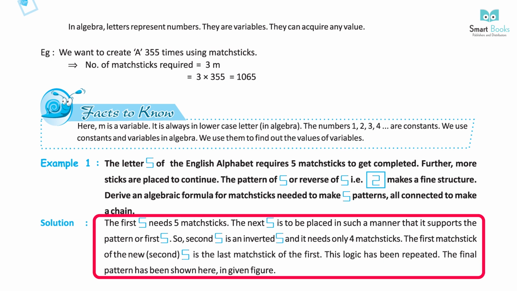The first S needs 5 matchsticks. The next S is to be placed in such a manner that it supports the first pattern. So the second S is an inverted S and it needs only 4 matchsticks. The first matchstick of the new second S is the last matchstick of the first. This logic has been repeated. The final pattern has been shown here in the given figure.